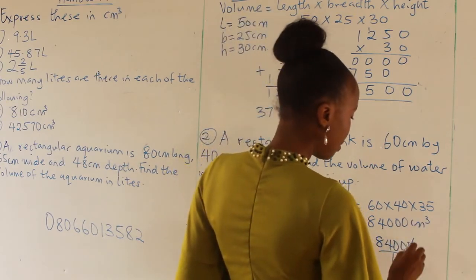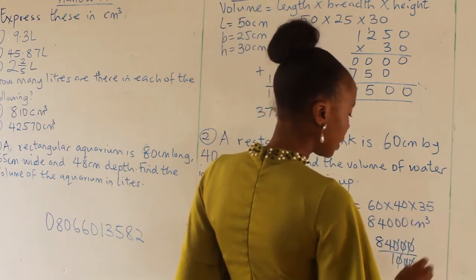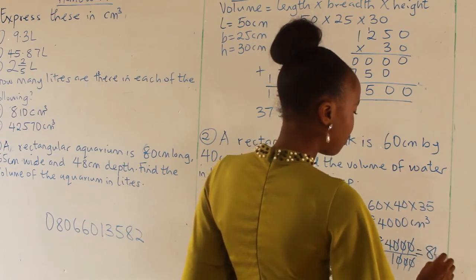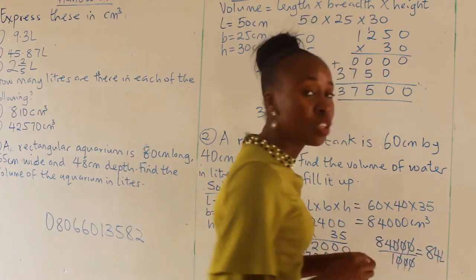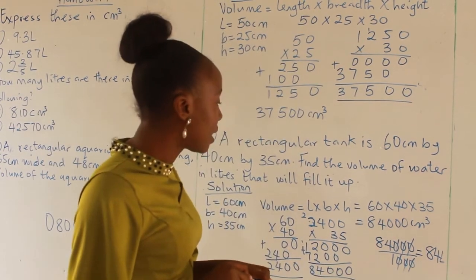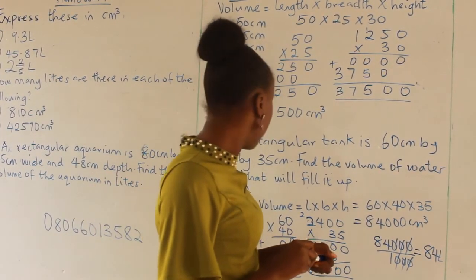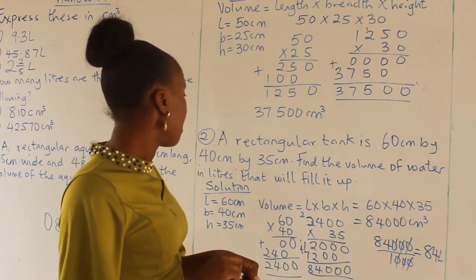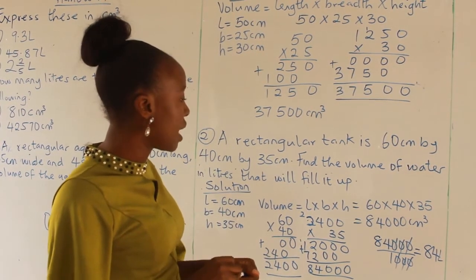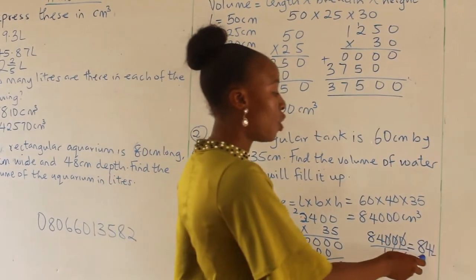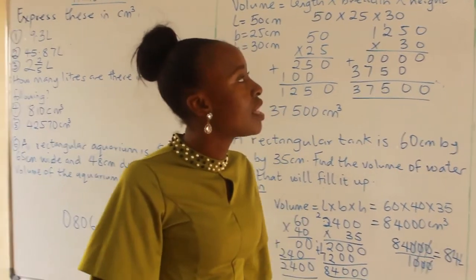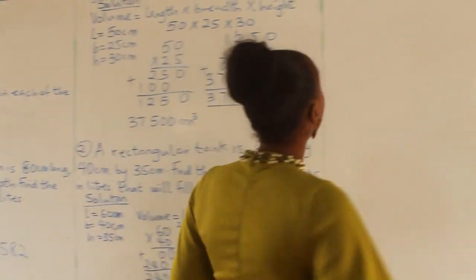So I cancel my zeros, and then we have 84 liters. So the volume of this rectangular tank, whose length is 60 cm, breadth 40 cm, height or depth 35 cm, equals 84 liters.